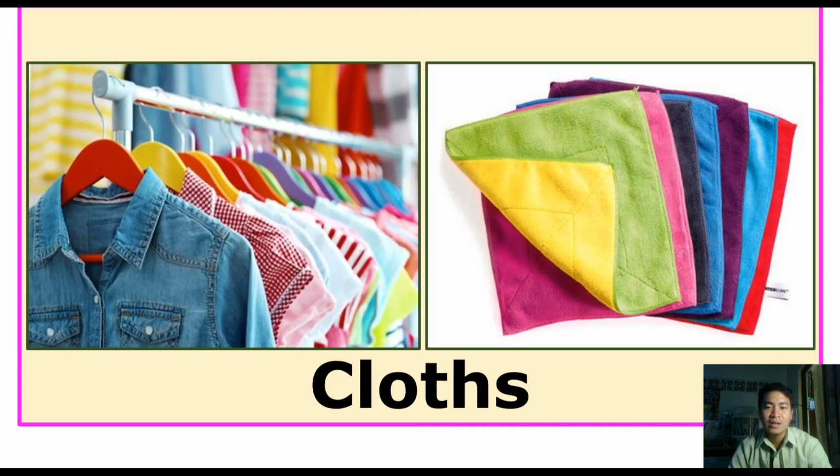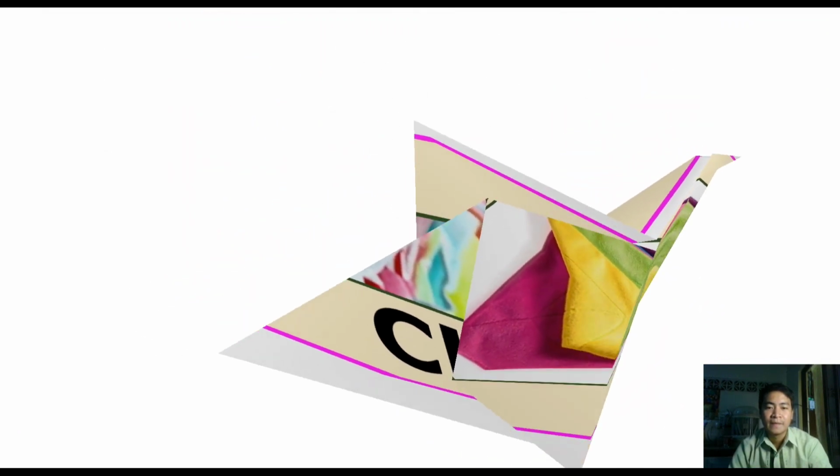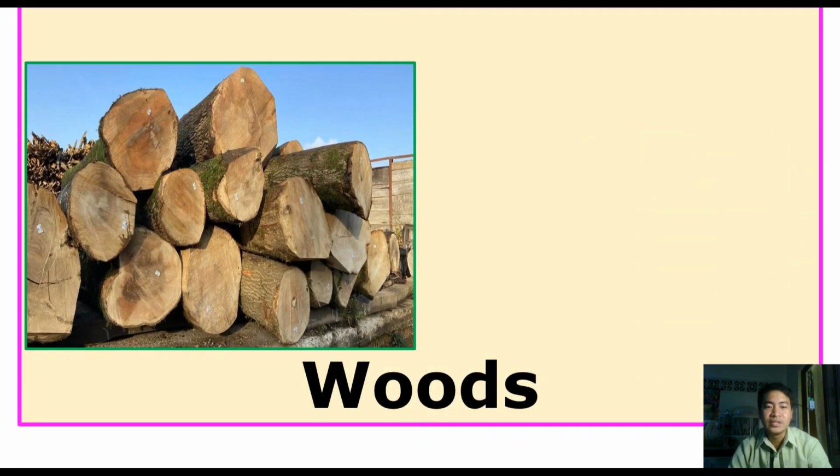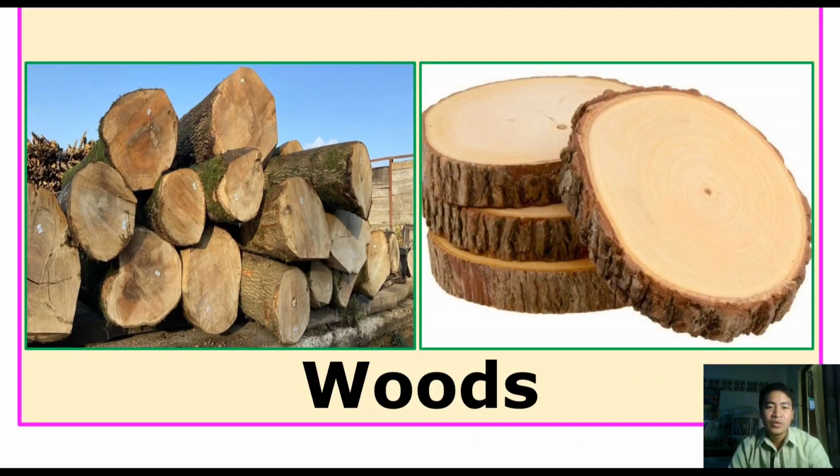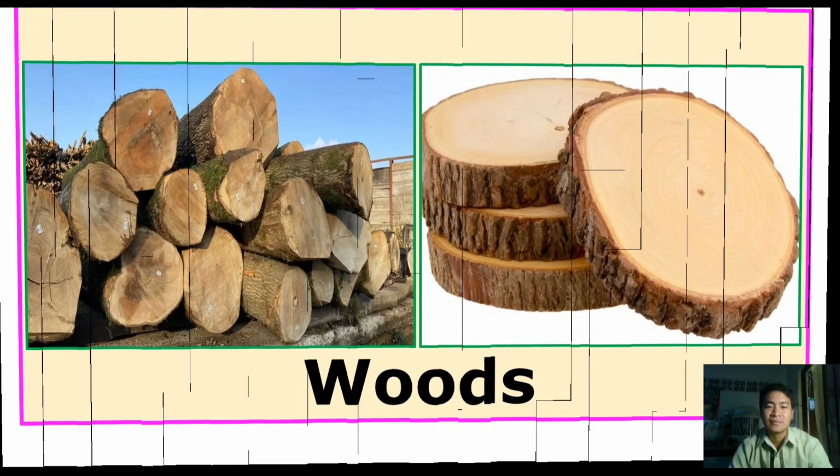We have towels, either a face towel or a kind of cloth. Then we have woods. There you go, chopped wood or trees. They are also non-metals.